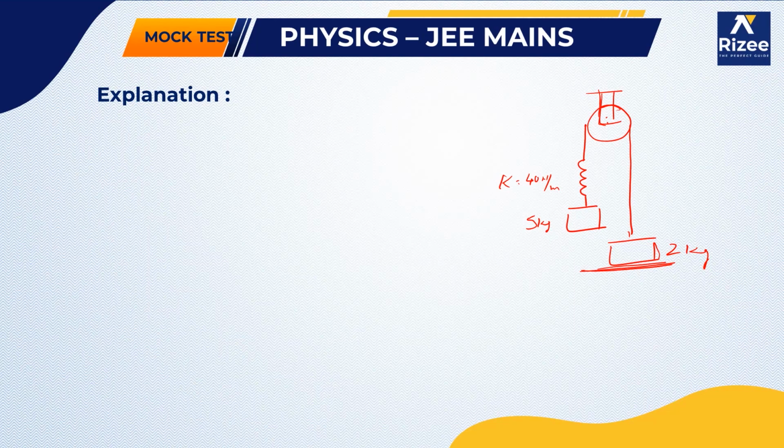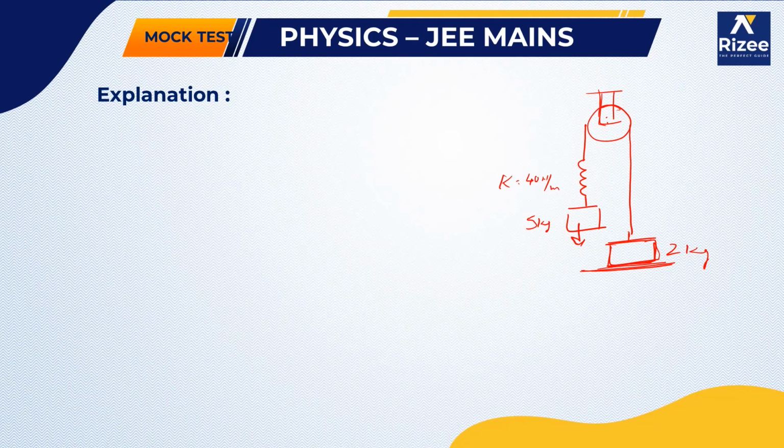So according to the question, he is asking us to take g as 10 meter per second squared. He is asking what is the velocity, and the spring is also the massless one. He is asking the speed of the 5 kg block. So what is going to be the speed of the 5 kg block when this particular 2 kg block will just lift off? So what will happen when the 2 kg block is just lifted?